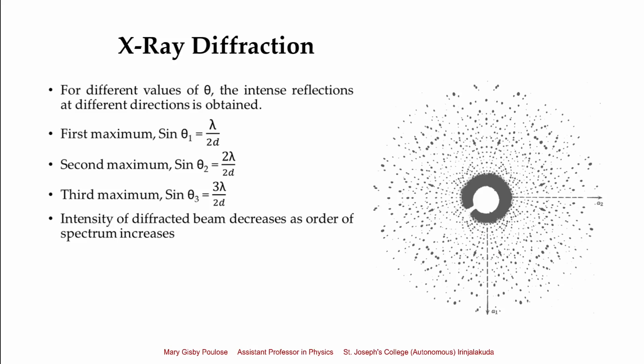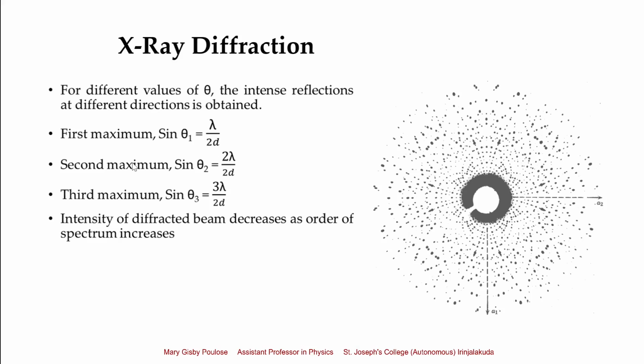Now, in X-ray diffraction, for different values of theta, intense reflections in different directions are obtained, right? So for different theta values, different positions can be satisfied. For the first case where n is equal to 1, we get the first maximum at sine theta 1 equal to lambda divided by 2d.